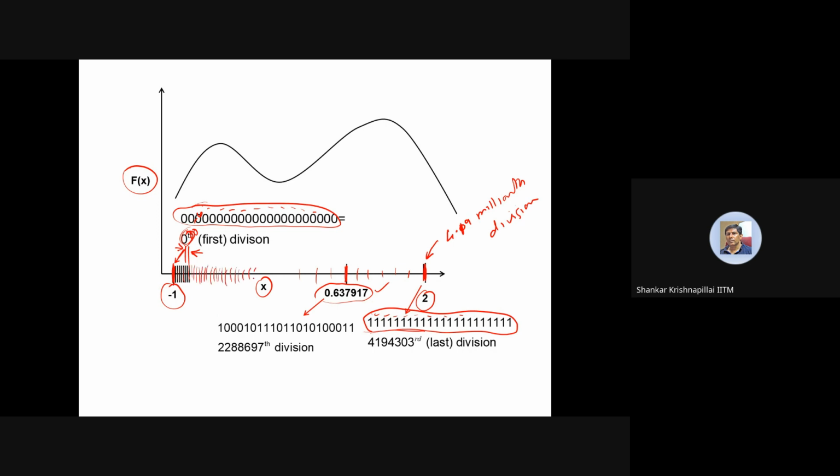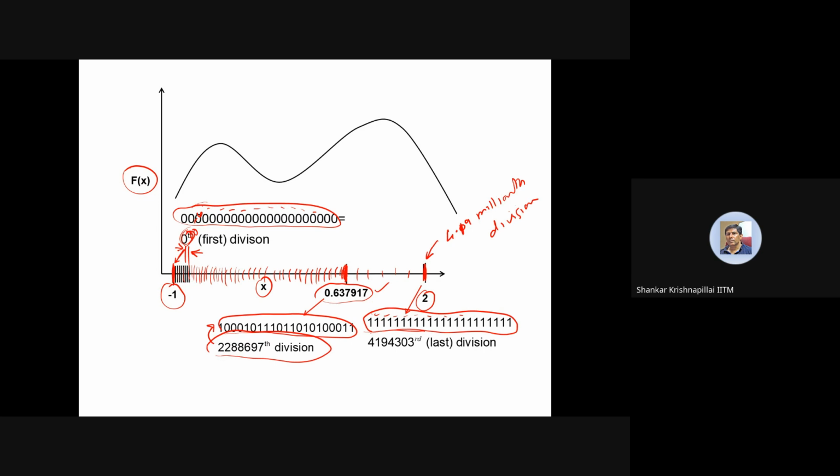Start counting like this, and you will find that 0.637917 is the 22,88,697th division. So that is this integer number. This integer has to be converted to a 22-bit binary string using some sort of computer program. That is how you identify each number here.